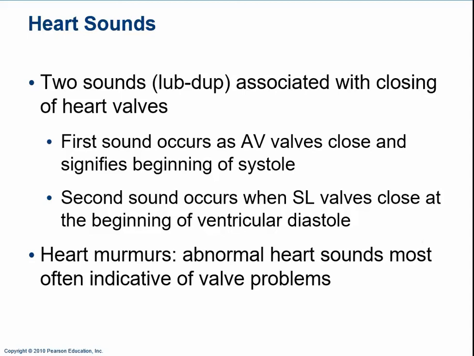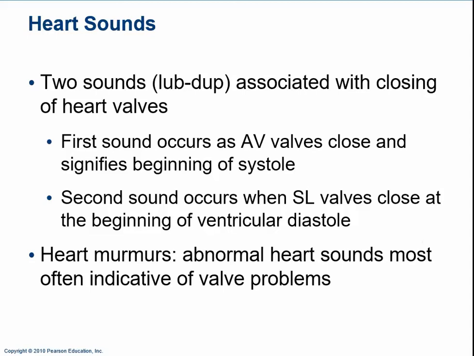The ventricles contract, the pressure goes up, the semilunar valves of the great vessels open, and blood rushes through into the aorta and into the pulmonary trunk. Then when the ventricles start to relax and the pressure in the ventricle drops below the pressure in the aorta or the pulmonary trunk, those semilunar valves close.